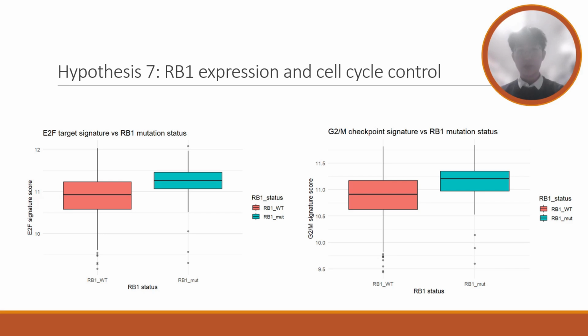Across both signatures, RB1 mutated tumors show noticeably higher expression levels, consistent with loss of RB1-mediated cell cycle control and increased proliferative activity. These results support the hypothesis that RB1 mutation drives stronger activation of cell cycle programs.